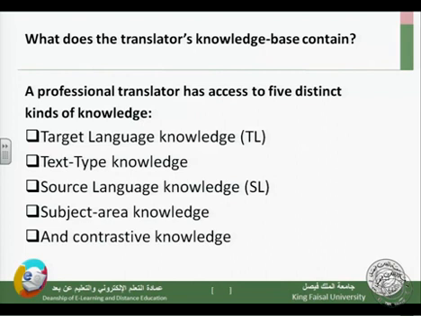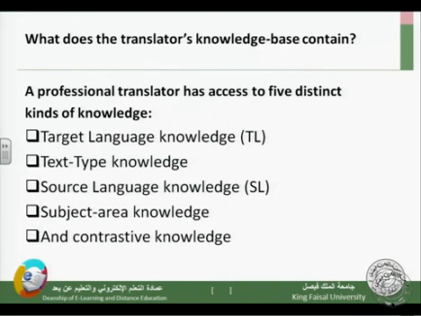Let's say you want to translate from Arabic into English, then he has to have knowledge of English. Target language knowledge. So Arabic is the source, English is the target language. It means you want to translate from Arabic into English, you have to have knowledge of the target language.